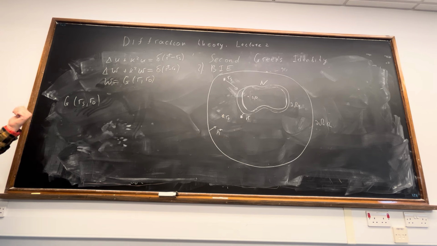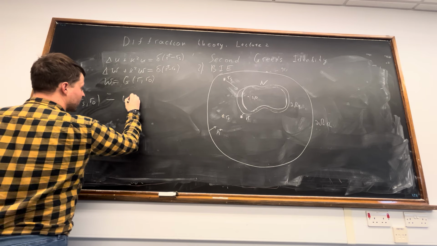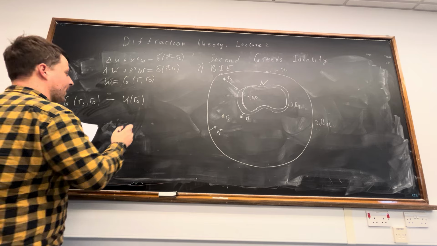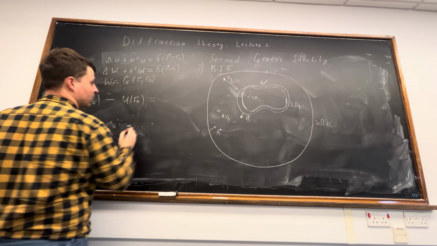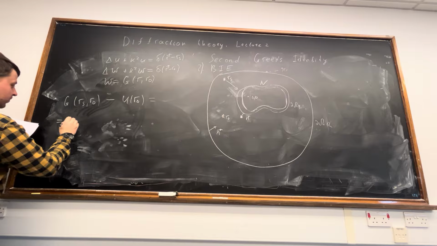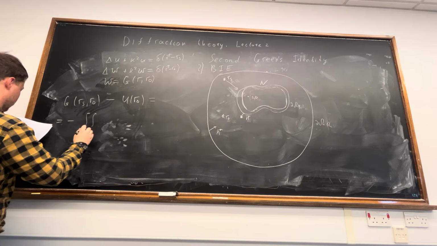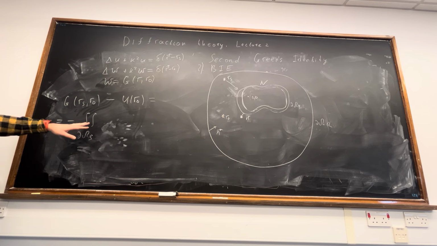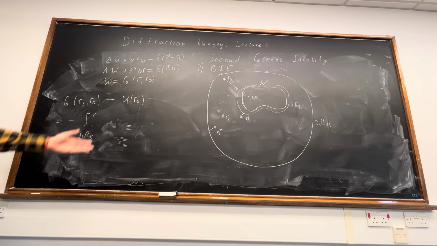This is like left hand side of the formula. Then we have this bit, and right hand side of the formula is like this. Again, I use double integral, but if it's a 2D problem, it's a single integral.